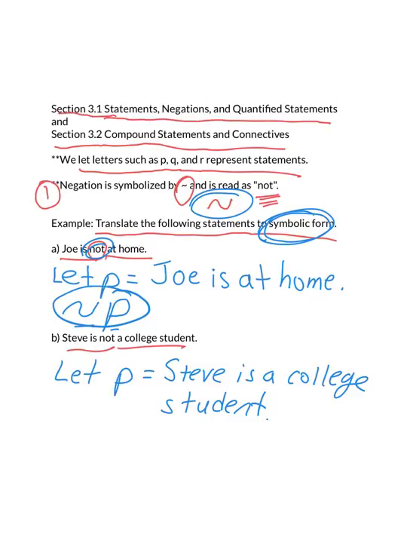Now step 2, we bring back the word not because we get to use the symbols. The negation symbol goes before the letter, and we end up with not P again because we want to say that Steve is not a college student. I'm negating the idea that he is a college student. So not P, coincidentally enough, is again the final answer.